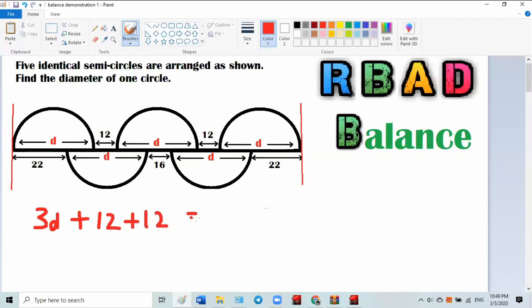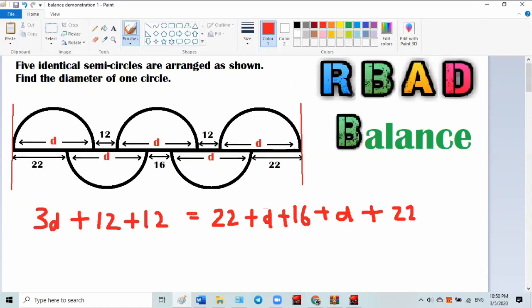This must be equal to our bottom distance, which involves 22 plus a D, plus 16, plus another D, and plus 22.